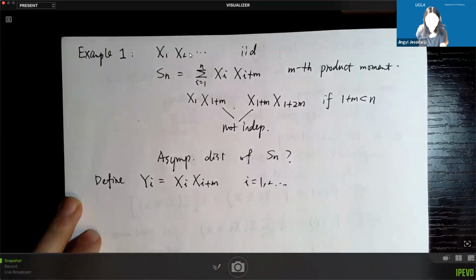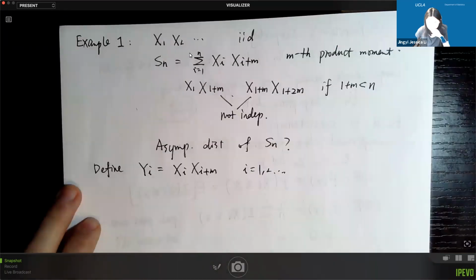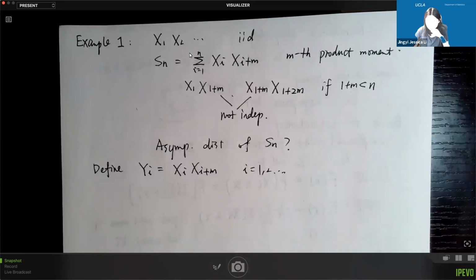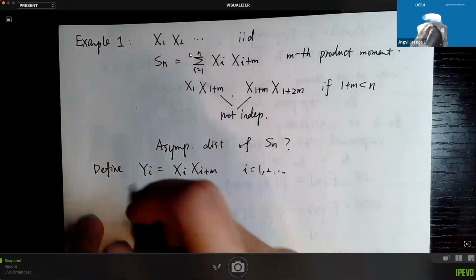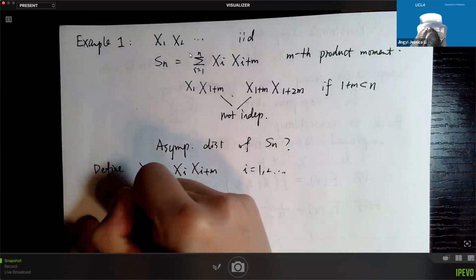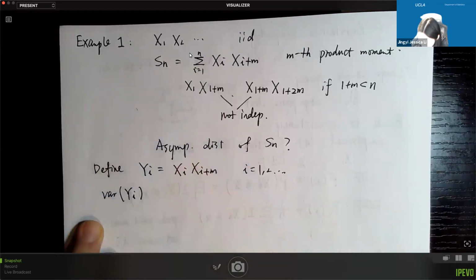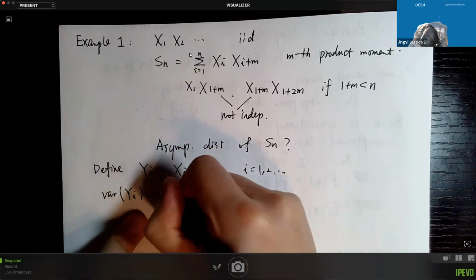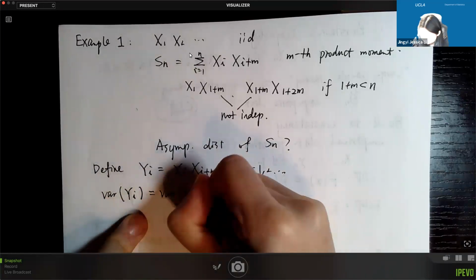I introduce this yi, and then I want to get the variance of yi and the covariance of yi and yi plus something. Okay, so the variance of yi, I can just simply write it as the variance of y1.